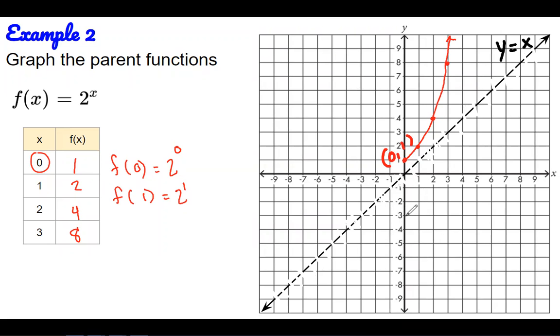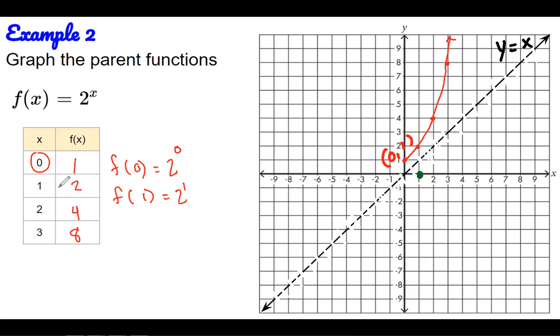It's not (0, -1), and it's not (0, 1). It reflects like a mirror. What is it? (1, 0) in this case. So my reflection would be at (1, 0).